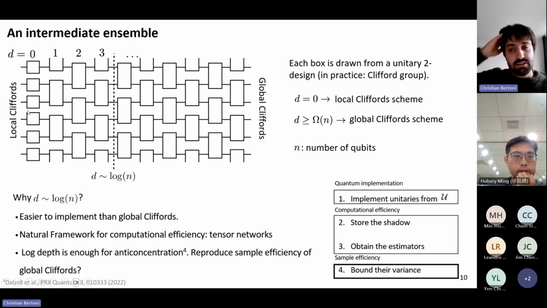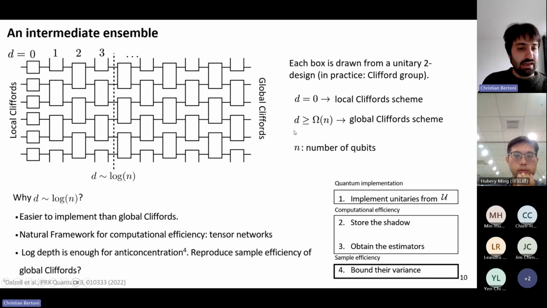So these circuits, if you forget everything except the zero, this is just local Cliffords. But a property of these quantum circuits is that the deeper you go, the more random they are.